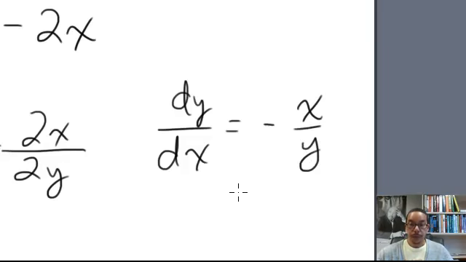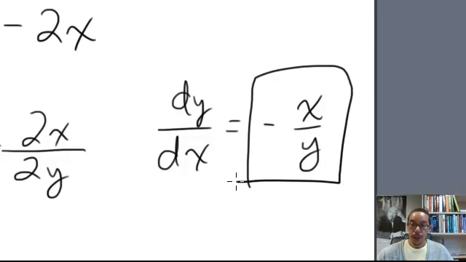So this is the implicit differentiation of x squared plus y squared equals 25. We implicitly differentiated and got dy/dx equal to negative x over y.